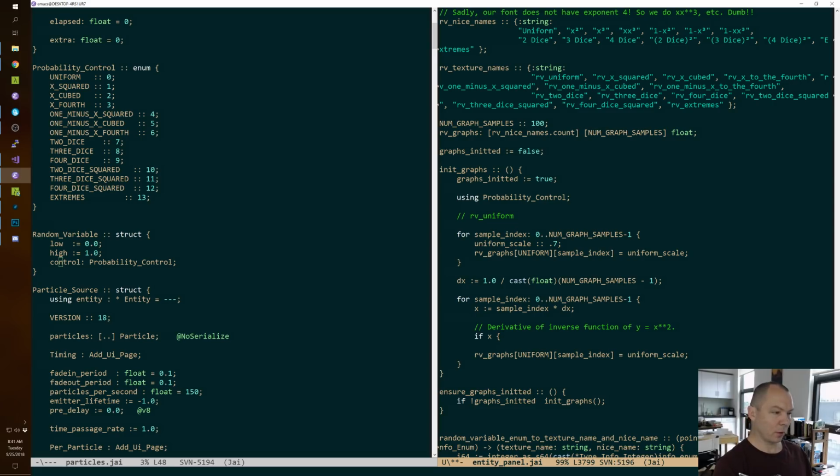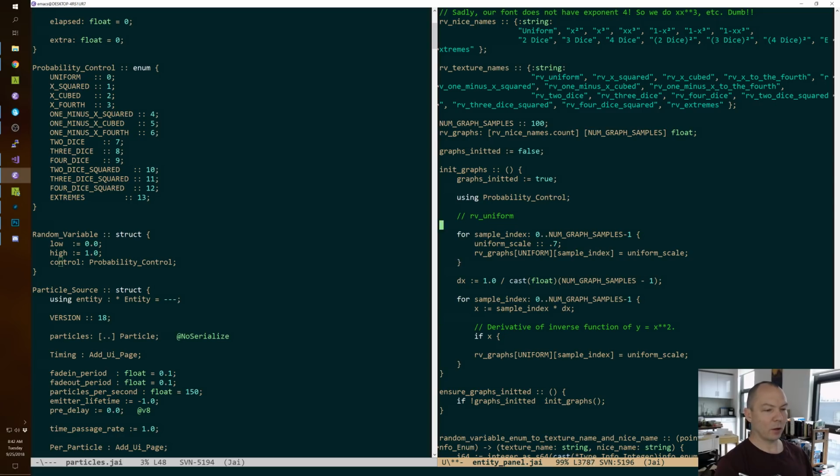So x squared, its inverse function is square root of x, or x to the 1/2. The derivative of that is 1/2 x to the minus 1/2. Now, x to the minus 1/2 if x equals 0, what is that? I don't know.